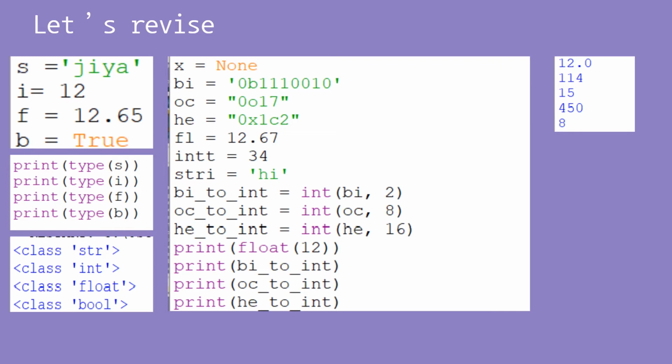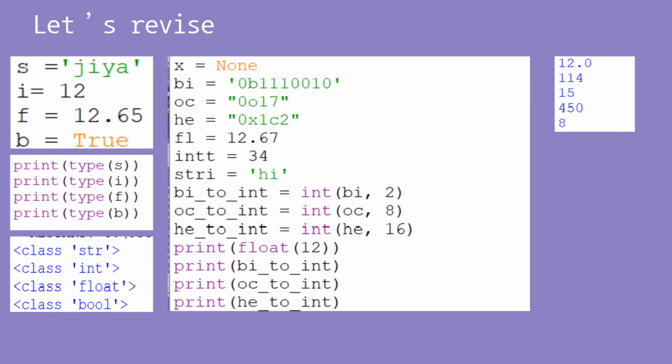Now, the first one in the big box is a None data type, while there's a binary, octal, hexadecimal, float, integer, and a string there. If you need to convert binary to integer, you will use the int data type and then the variable or the number, which should be in inverted commas, and 2, 8, or 16 respectively.